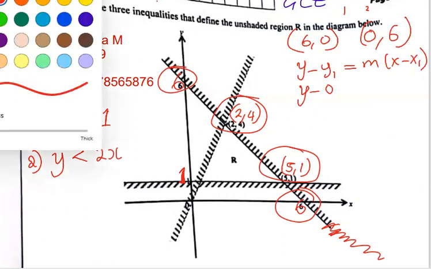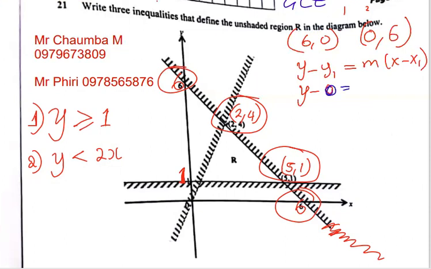I hope you're getting that. This is going to be y minus 0 equals negative 1, that was our gradient, times x minus our x1, which is 6. So this will be y equals negative x. When you multiply negative 1 by x, it gives you negative 1x, which is just negative x. And then plus 6.